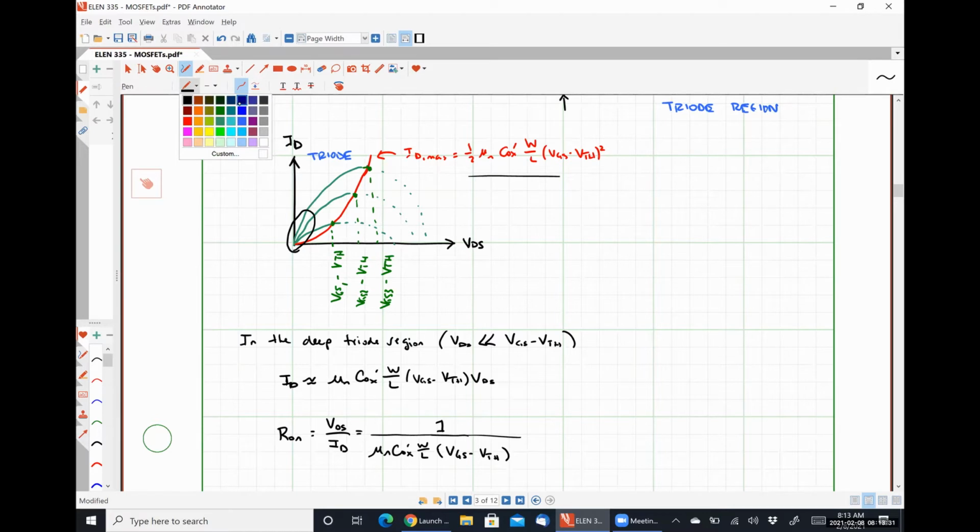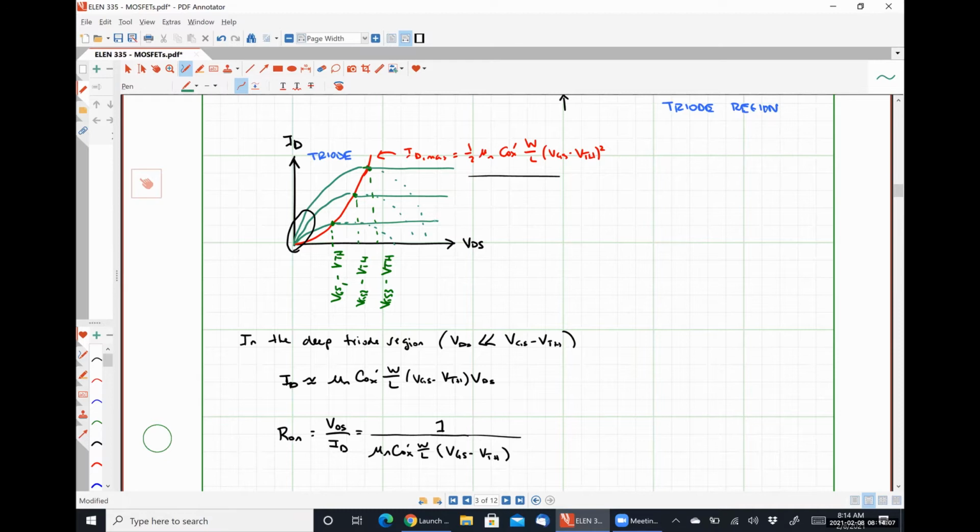If we were to edit this picture, we would see that we simply have flat lines representing our saturation current. Everything to the right of that parabolic arc is saturation, everything to the left is triode, and everything very close to the origin is deep triode. So we have pretty much fully developed our IV characteristics for our MOSFET transistors.